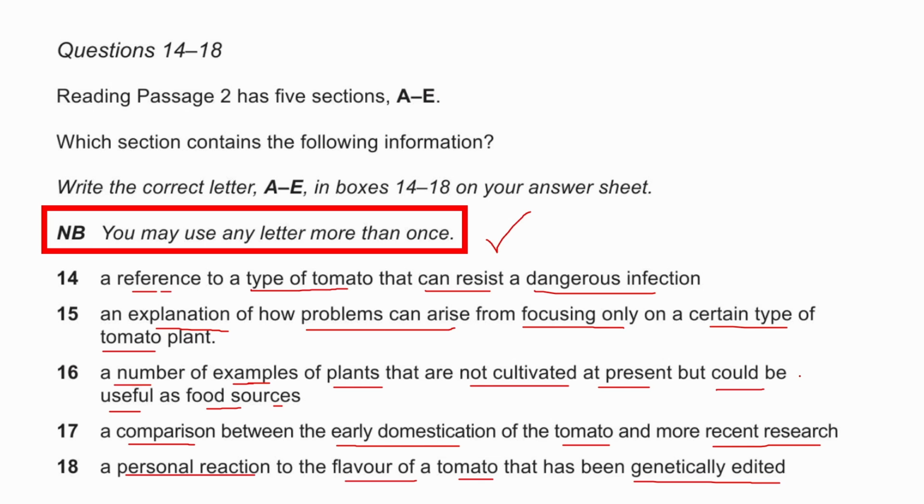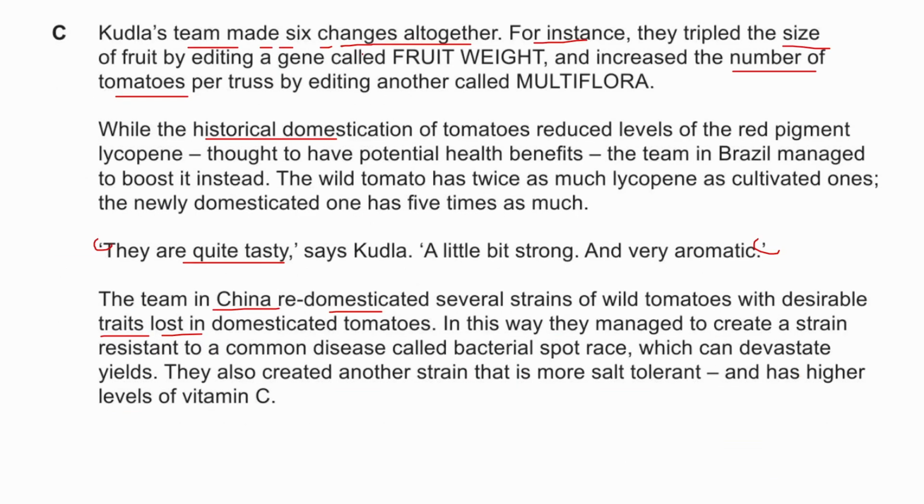So we had some information about the changes, if you remember, in paragraph C, because this question also is about a tomato that can resist a dangerous infection because of probably one of those changes. So we go directly to paragraph C to check if you were right or not.